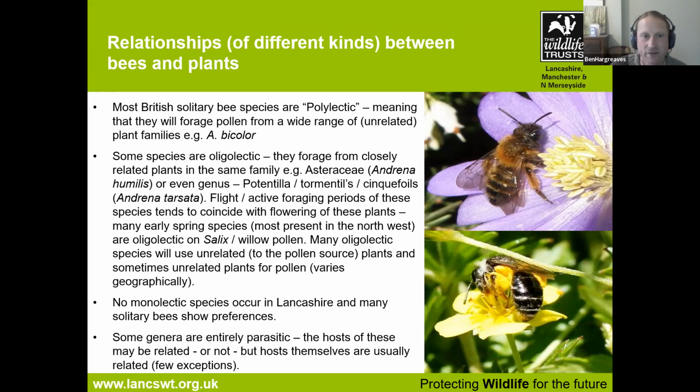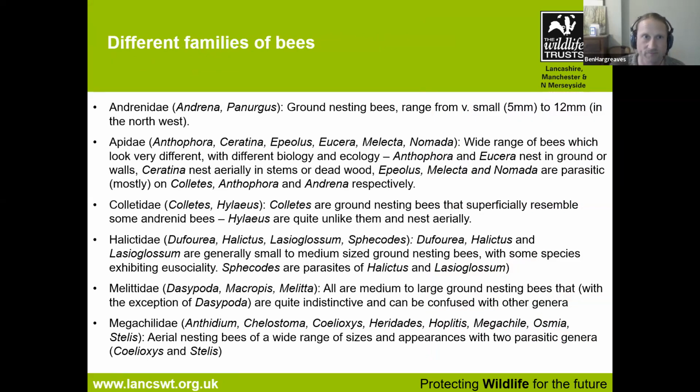Some of the solitary bee genera are entirely parasitic, and the hosts of those parasitic bees may be related to them within the same family or not, but usually they share the same hosts. So the different families of bees: we've got Andrenidae, Andrena, ground nesting bees, a wide range of sizes. Apidae, a very wide ranging family with very different ecologies and life cycles.